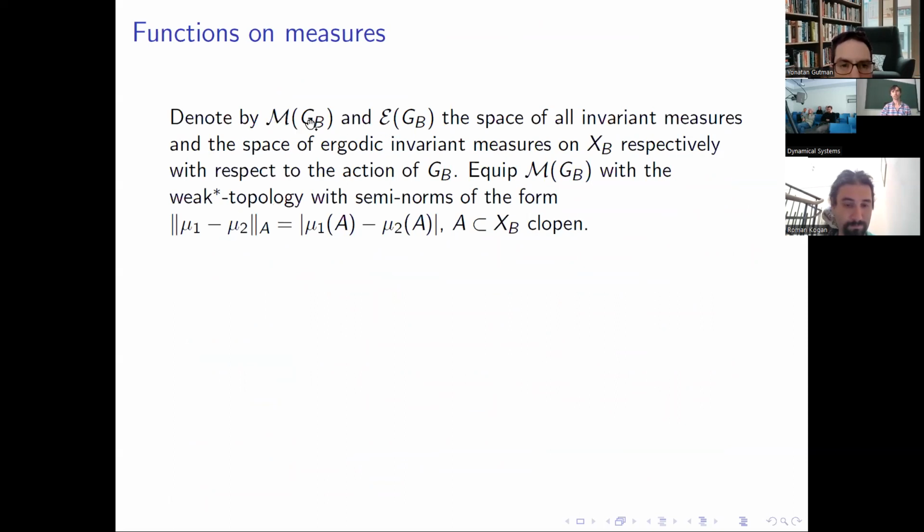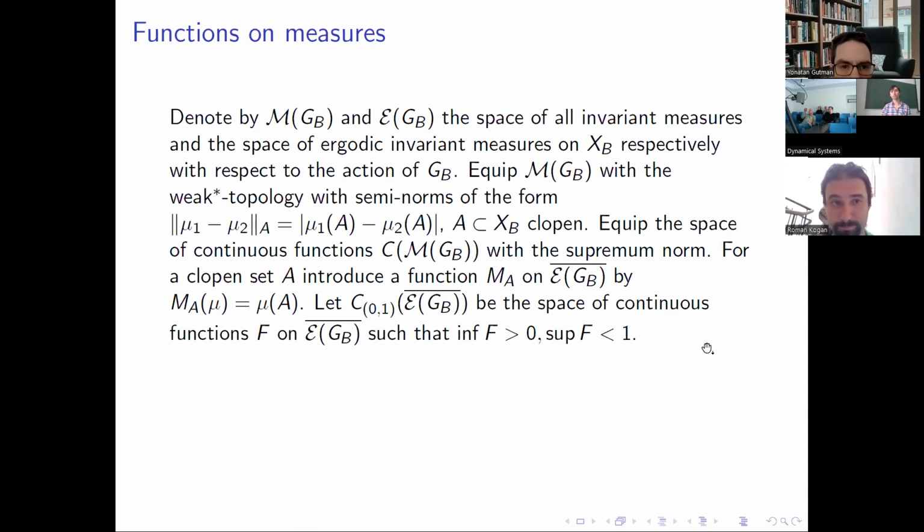Denote by M of GB the set of all invariant measures, by E of GB the space of ergodic invariant measures, and we equip the spaces with the weak star topology. It can be defined in many equivalent ways. For instance, we can define it using semi-norms of the following form for any open set A: the distance from mu1 to mu2 will be equal to this expression.